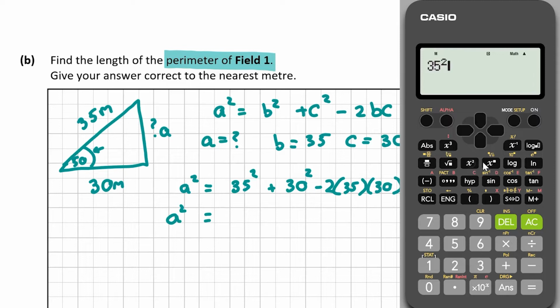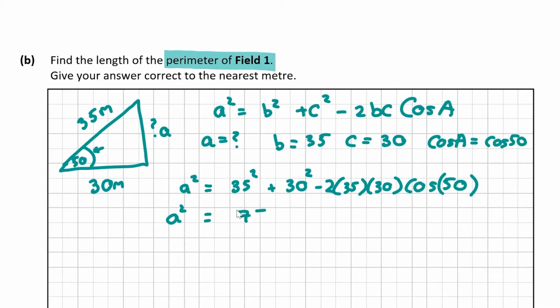So that's 35 squared plus 30 squared minus 2 by 35 by 30 by the cos of 50 degrees. So that is 775.15. So now to find a, we're going to find the square root of both sides.